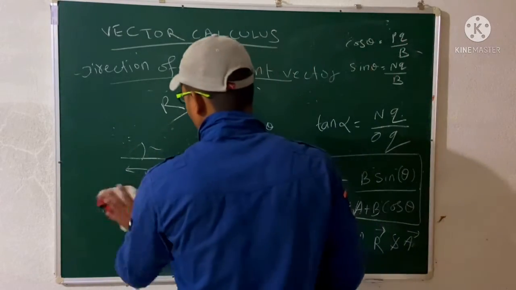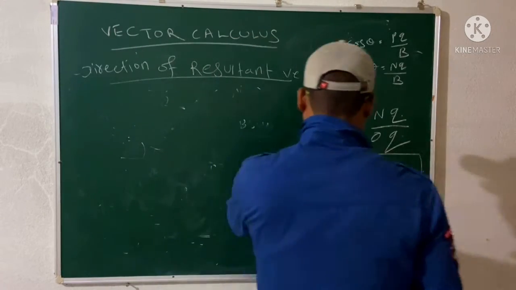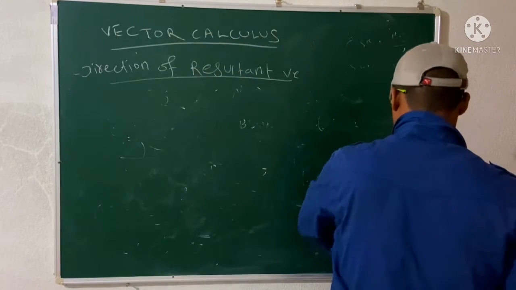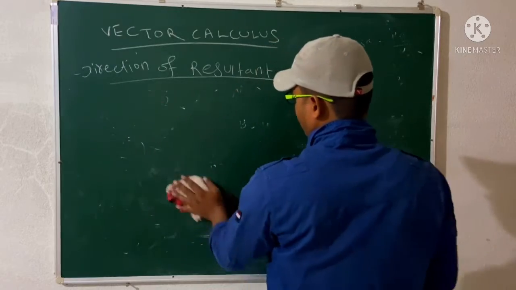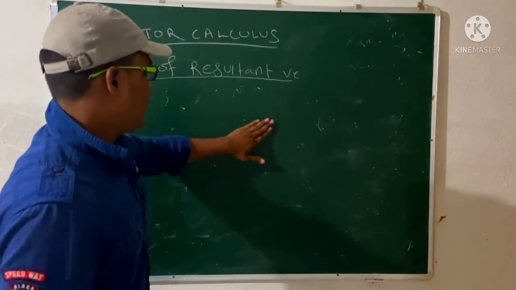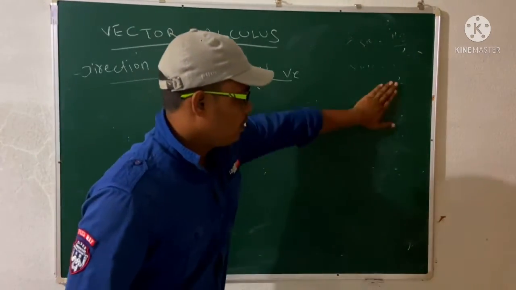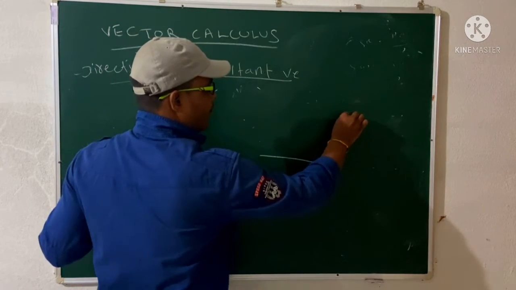I am writing once again with the simplified structure that we have two vectors, an A vector and a B vector.